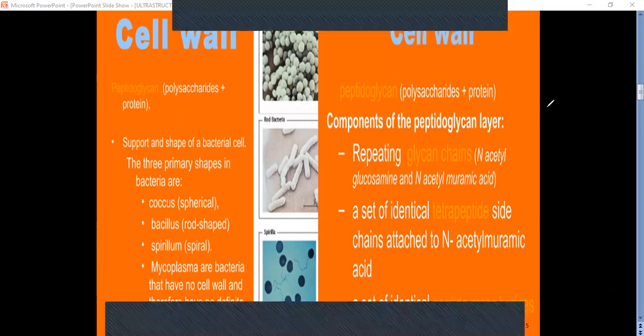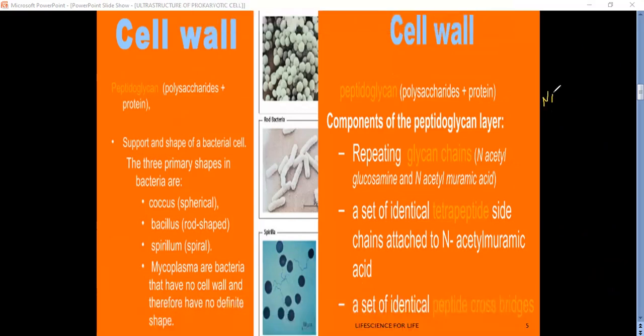That is, here the structure is like this. For example, it is a cell membrane, N-acetyl glucosamine and N-acetyl muramic acid, again N-acetyl glucosamine and again N-acetyl glucosamine, N-acetyl muramic acid, N-acetyl glucosamine.